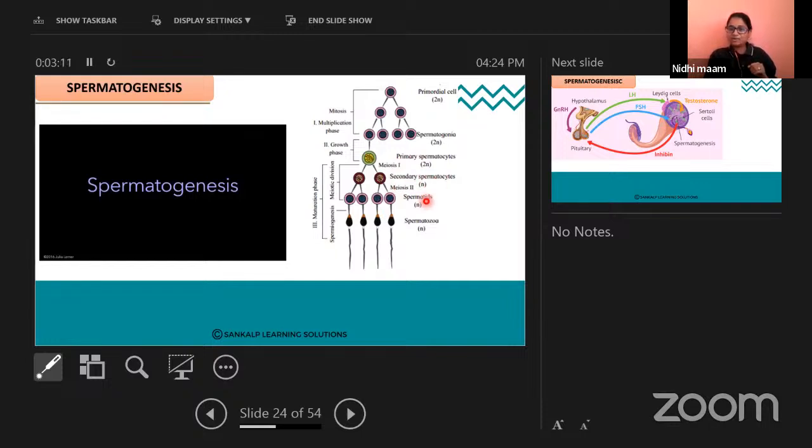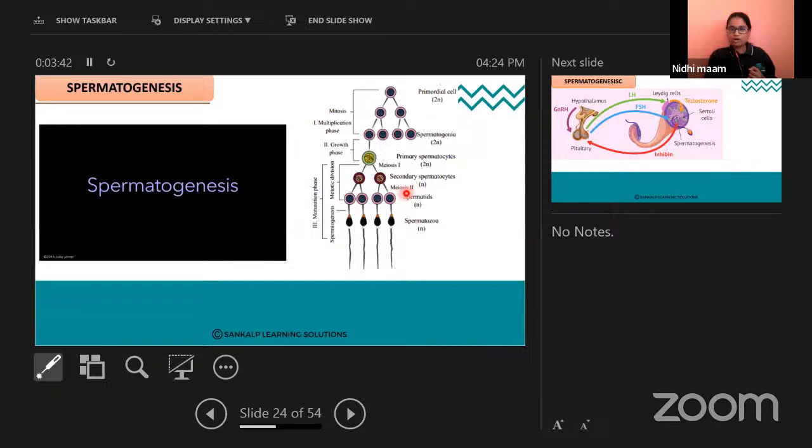Remember, secondary spermatocytes are haploid in nature, a single set of chromosomes, because they have undergone meiosis. These secondary spermatocytes again undergo meiosis 2. Meiosis 2 is nothing but the same as mitosis, so the chromosome number does not reduce again. There is only an increase in the number of cells. The 2 secondary spermatocytes increase in number to 4 spermatids.